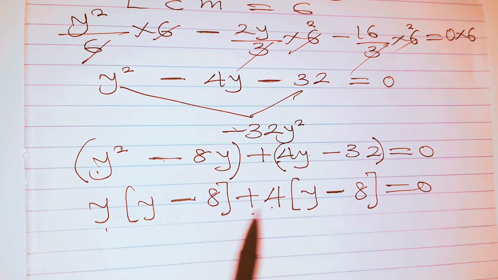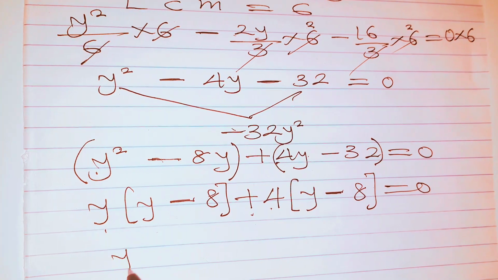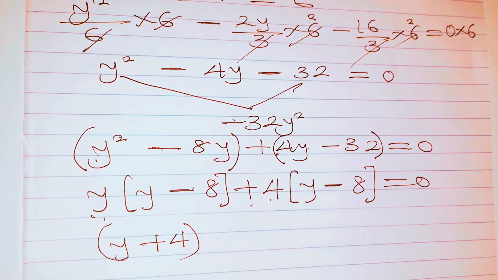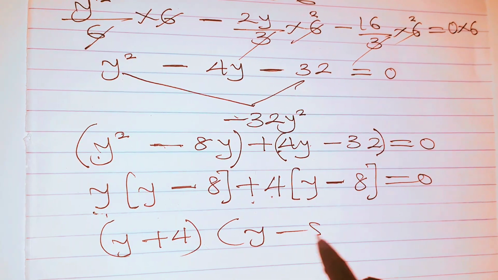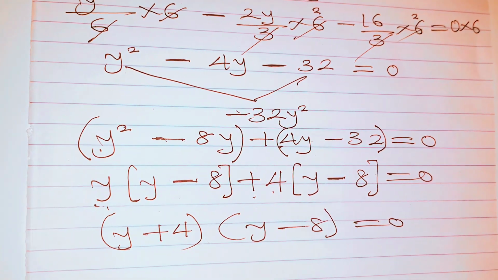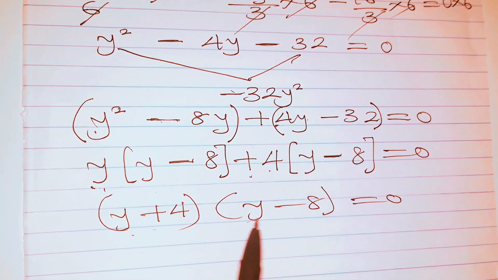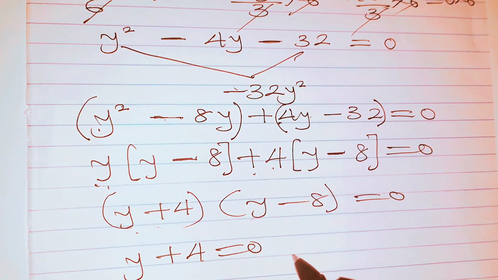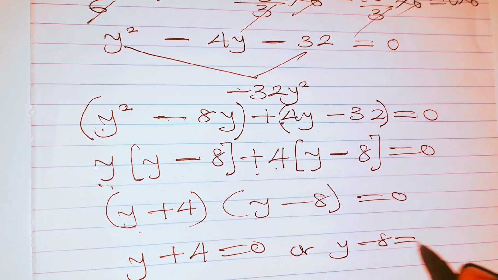And then we're going to pick one of the terms and combine this and this together. So we have y plus 4, that is y and this plus 4, and then one of the terms of the bracket, and that's y minus 8 equal to 0. And then in this case, we set each of these terms equal to 0. Therefore, we have y plus 4 equal to 0, or y minus 8 equal to 0.